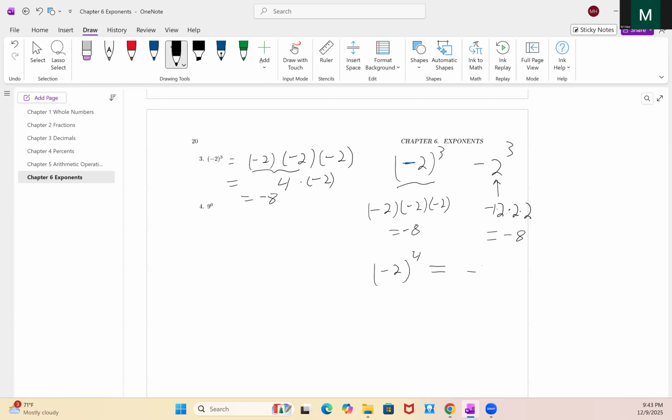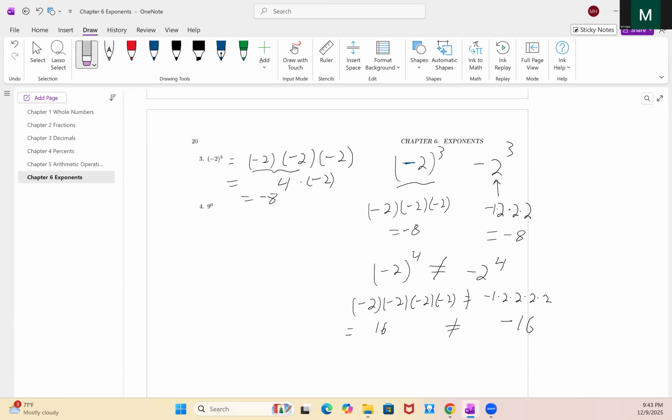Negative 2 to the power of 4 is negative 2 times negative 2 times negative 2 times negative 2. This result is positive 16, whereas the other is negative 1 times 2 times 2 times 2 times 2, which is negative 16. So these two values are not equal.